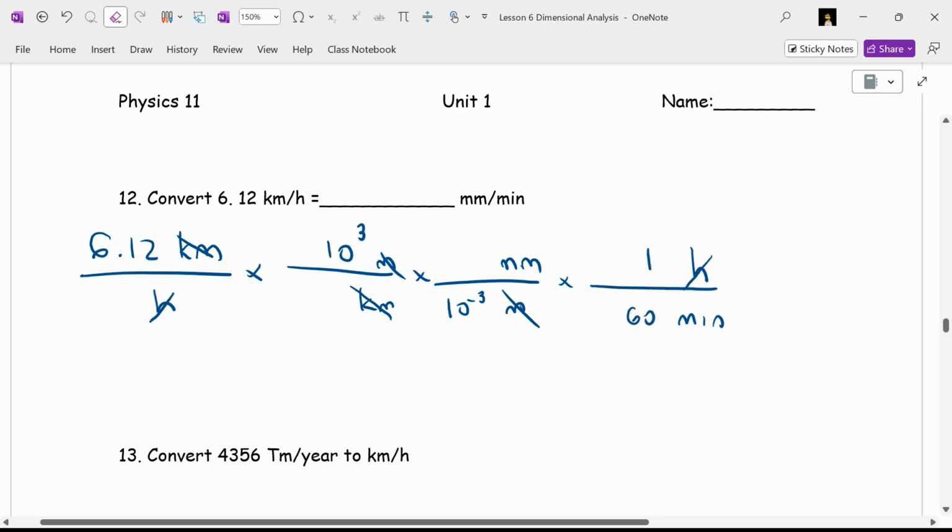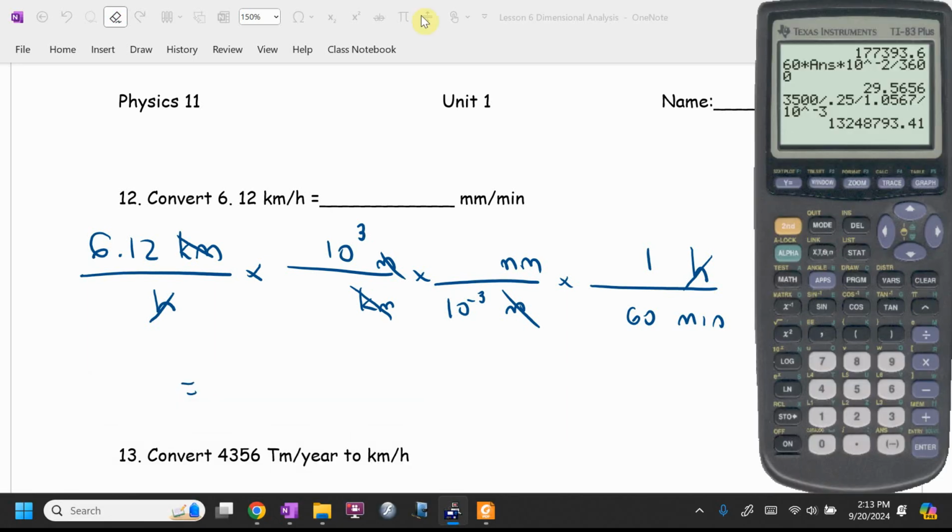That's millimeters per minute. So it's going to be 6.12 times 10 to the third divided by 10 to the negative 3 and divided by 60. Get out your calculator once you've done writing it. Oh, you got 102,000 even?